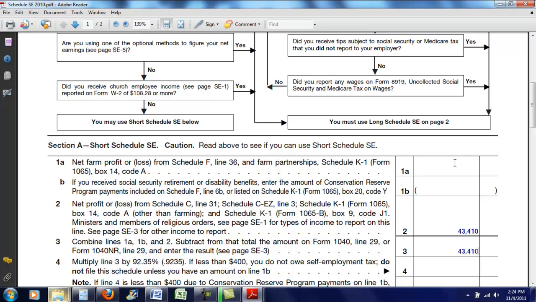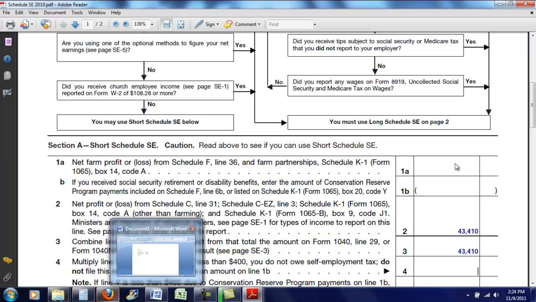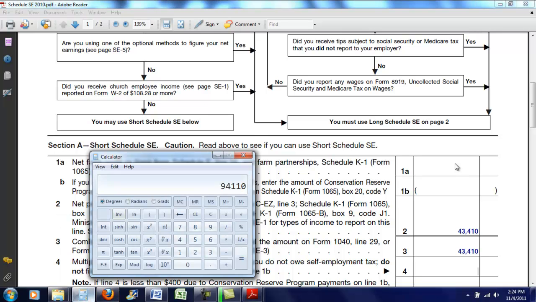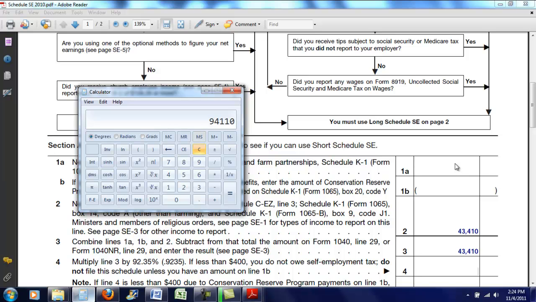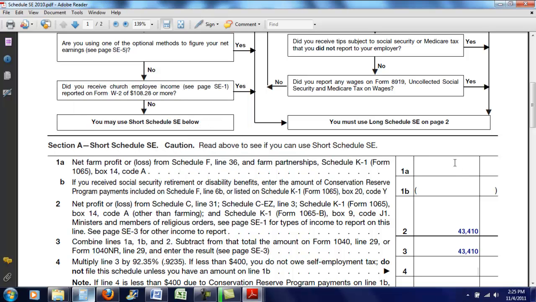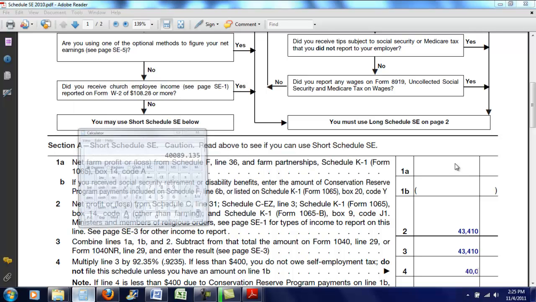We're going to multiply this by 0.9235. That comes to $40,089.14. I think it was 89. Yes.